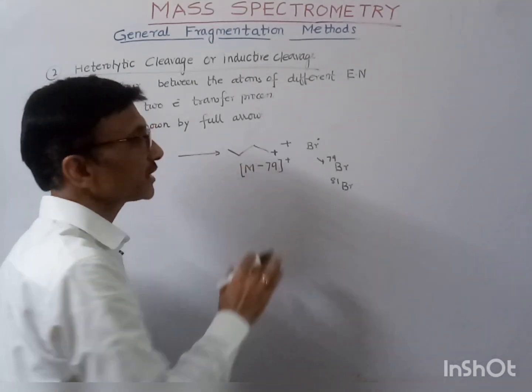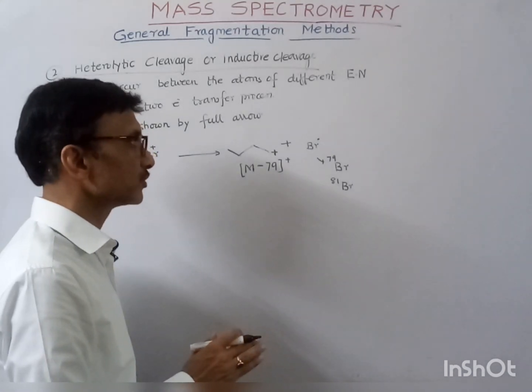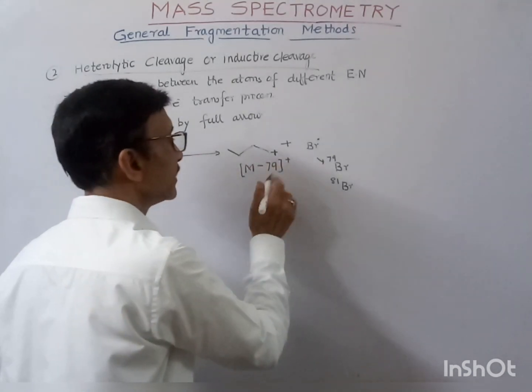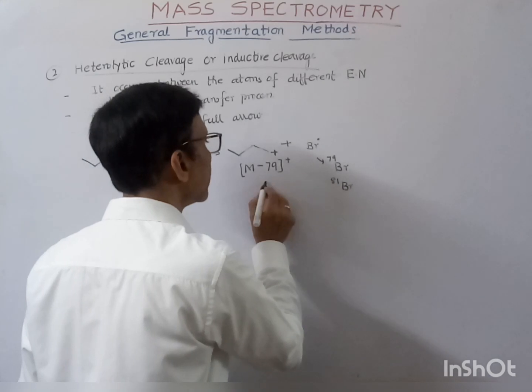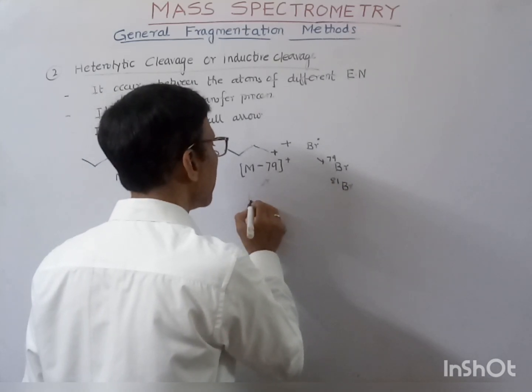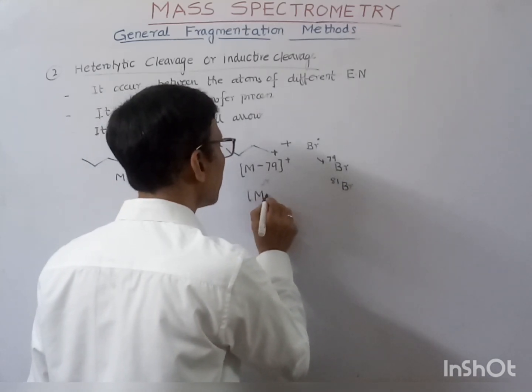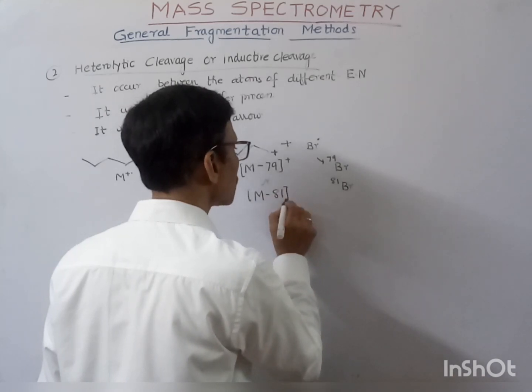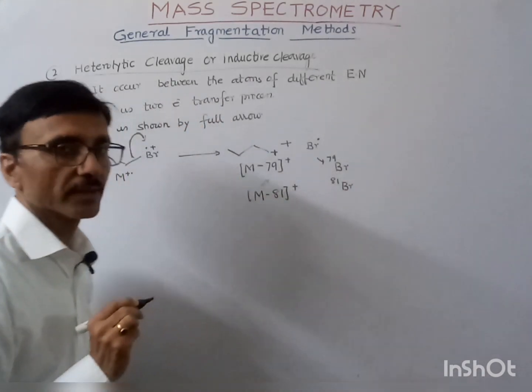So here the fragment ion may show 2 peaks, either the M minus 79 peak or the M minus 81 peak. Both types of peak are possible.